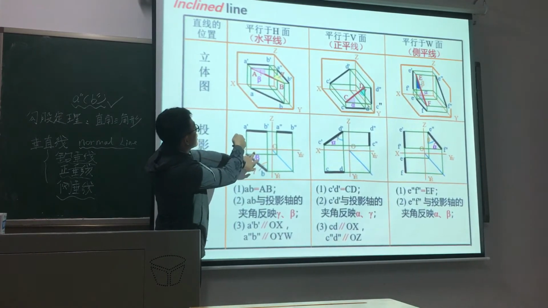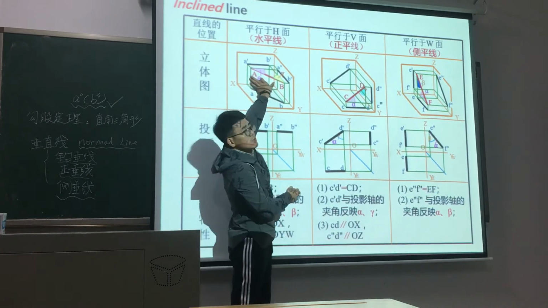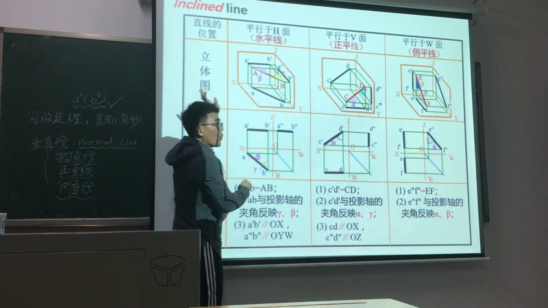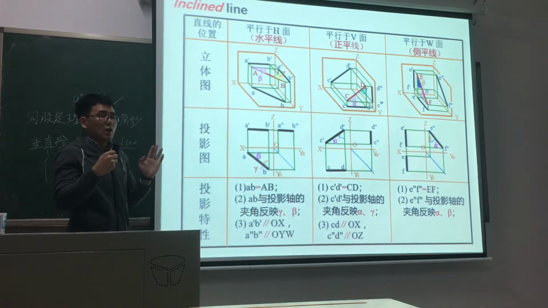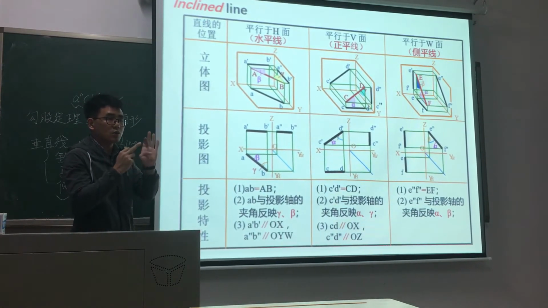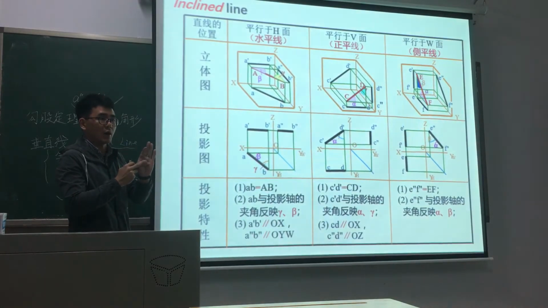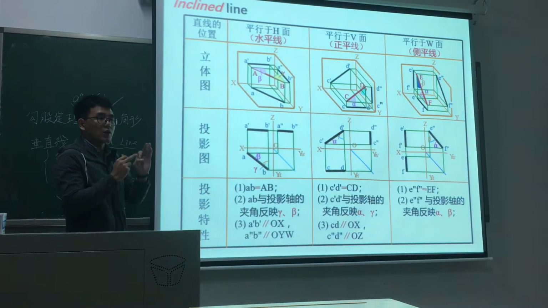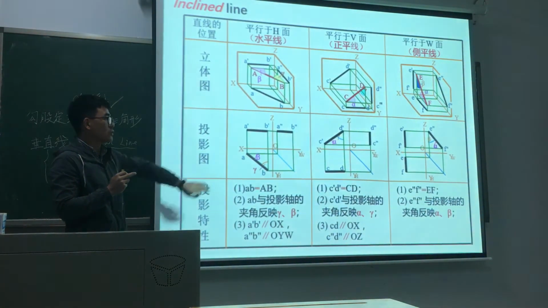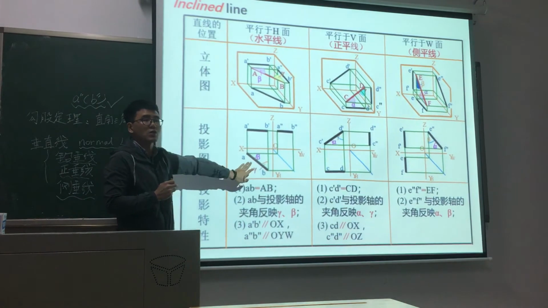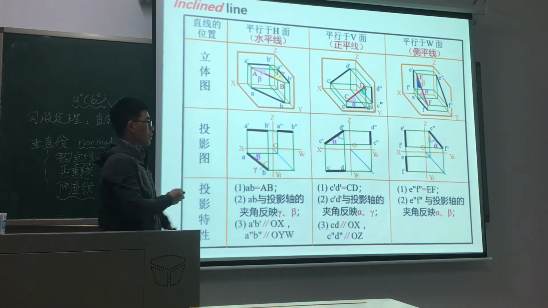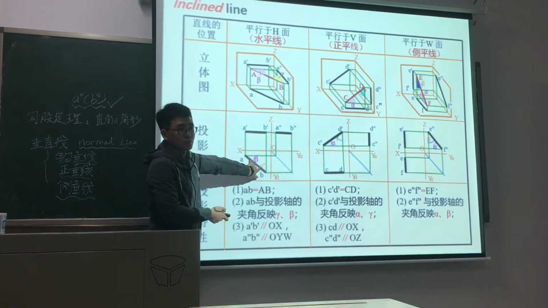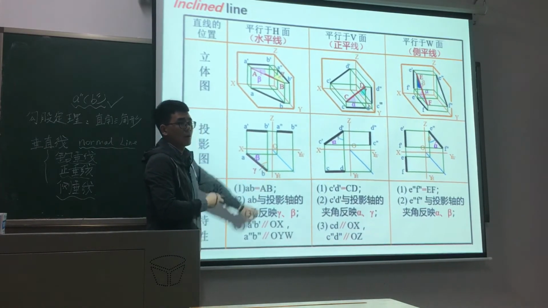Easy to understand, because this is a quadrilateral, so this line should equal this line. So with parallel lines and perpendicular lines, we can get the true length and the true angle only from this projection view. Understand? If you have the projection view, you can know this is the true length. This is beta, this is gamma.